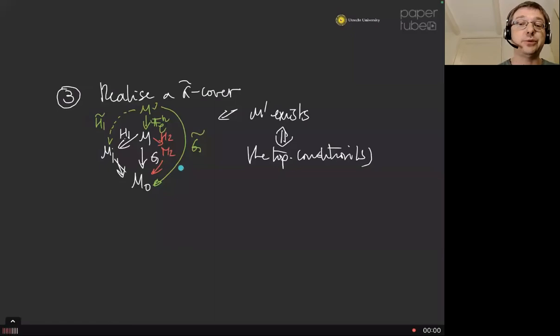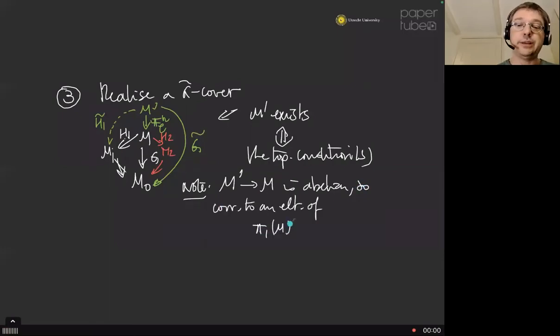But the main thing to remember, so this is maybe the main remark here, note, M prime over M is abelian. So by the correspondence with fundamental groups, it corresponds to an element in the fundamental group. It's a cover, but even in the abelianized fundamental group.